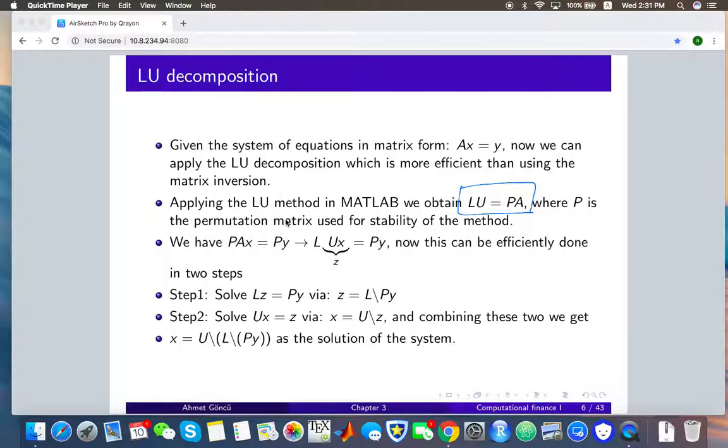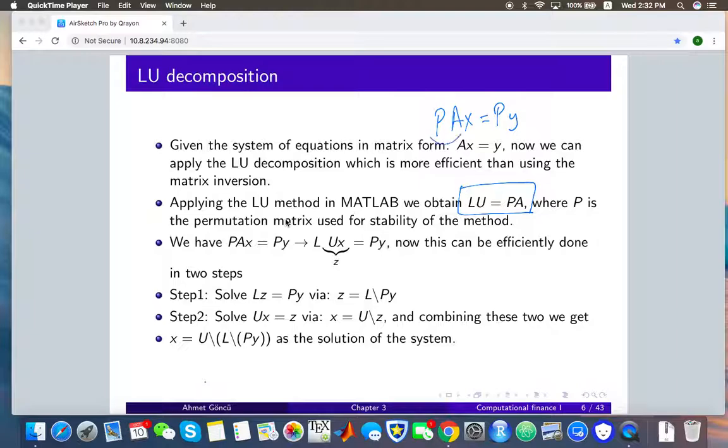So how can we apply the LU decomposition method to solve a system of equations? We will consider a two-step procedure in order to solve this problem efficiently. Notice that in our original problem, if we multiply both sides by the permutation matrix P, then we get PAx equals P times y.